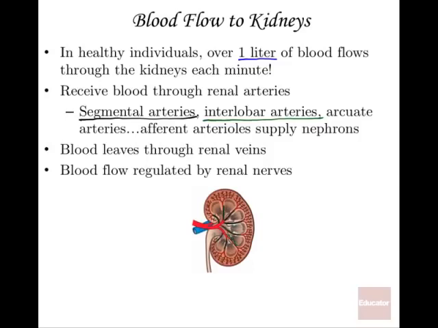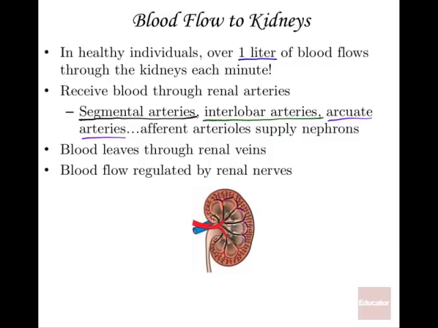All of these are interlobar arteries, which branch off of the little segmental arteries here. The arcuate arteries finally take blood branching off of the lobar arteries all the way up to the more superficial cortex regions. So here and so on. You're going to see those arcuate arteries.